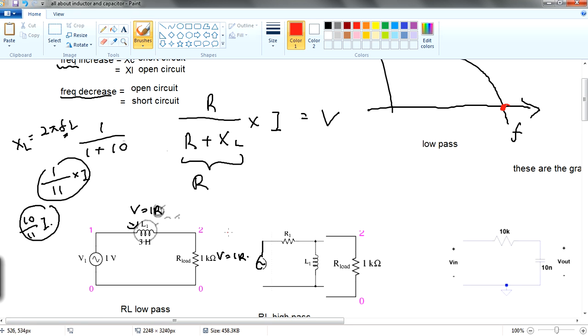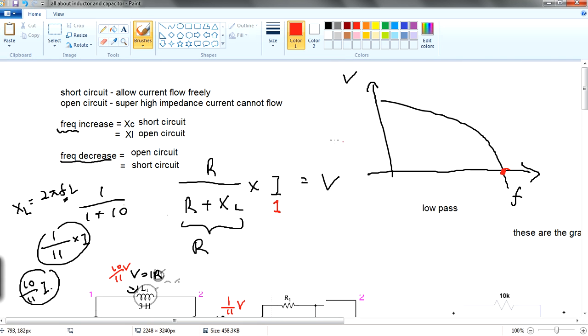Your R load here is only 1 over 11 I. Taking the current as 1, the voltage is only 1 over 11 volt, while the inductor has 10 over 11 volt. So the inductor eats up the voltage, while the R load gets very little. This explains how the low pass curve works.